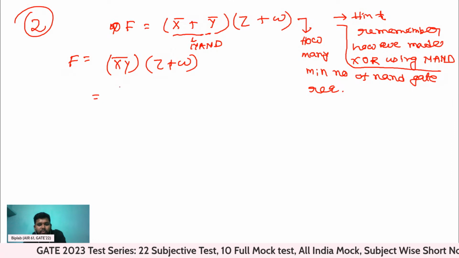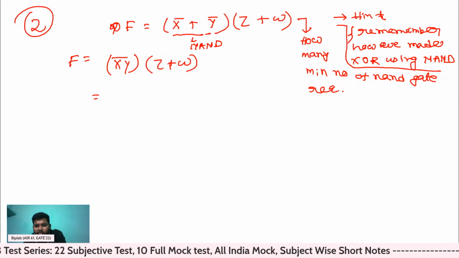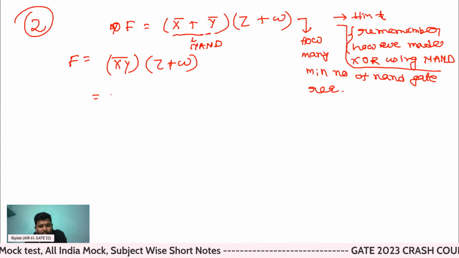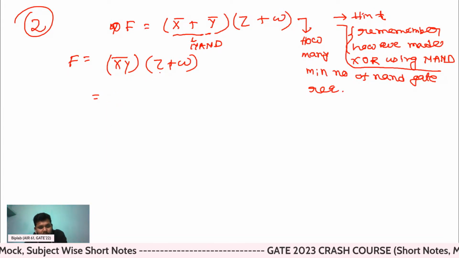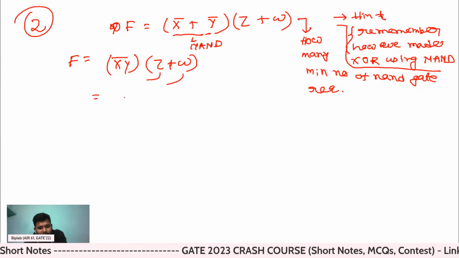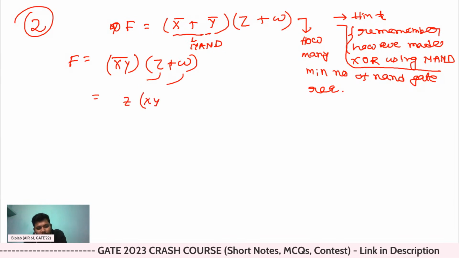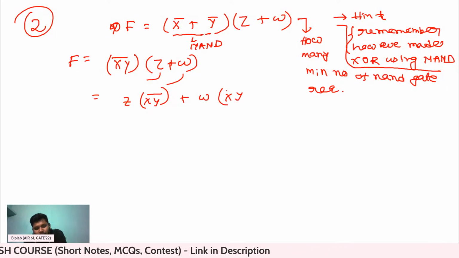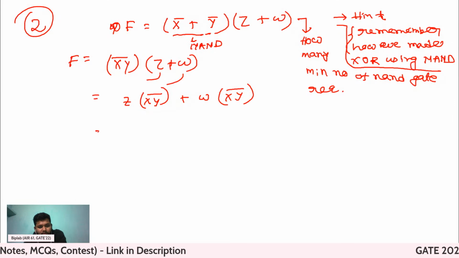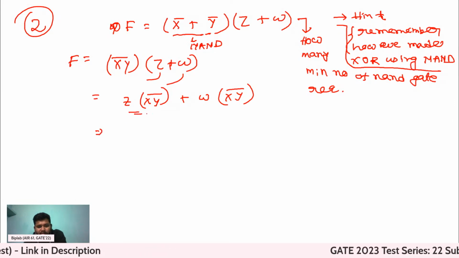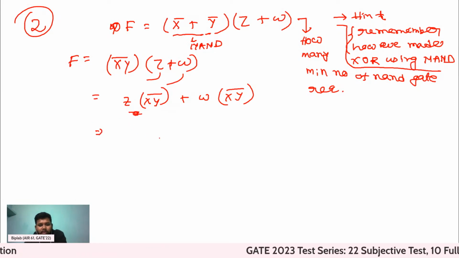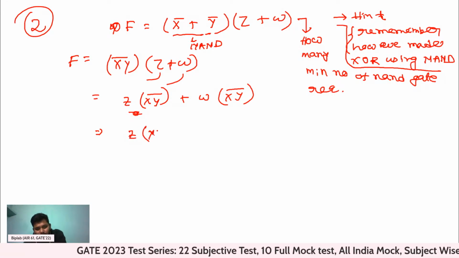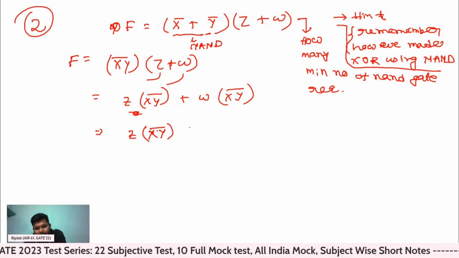Instead, you can remember this concept of how we built XOR using NAND. So multiply these two. So you will have z(xy) bar plus w(xy) bar. This type of expression you already got in XOR conversion, no?